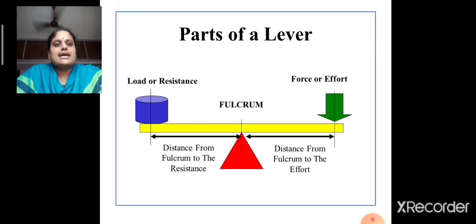Now from this example, let us describe the parts of a lever. The center point where the lever is fixed is known as the fulcrum. The point at which the weight to be lifted, or the load, is placed is known as the load arm, and the distance from the fulcrum where the effort is made in order to lift the load is known as the effort arm.